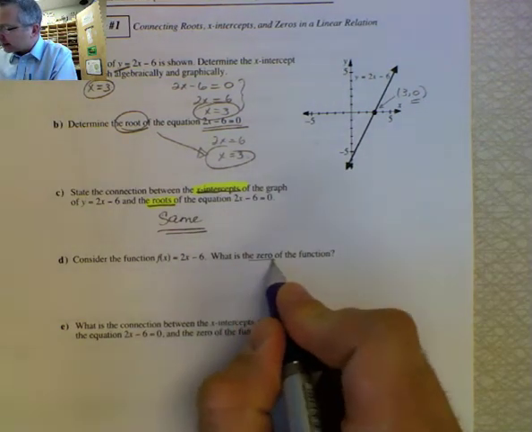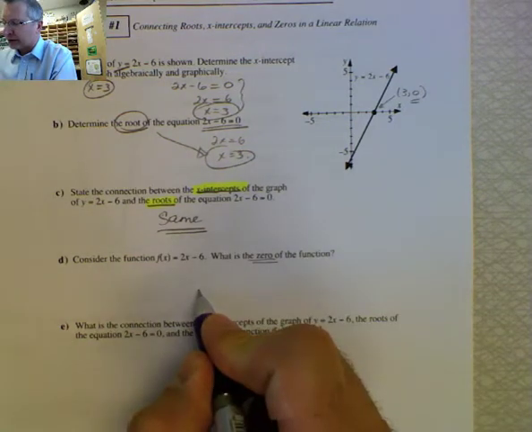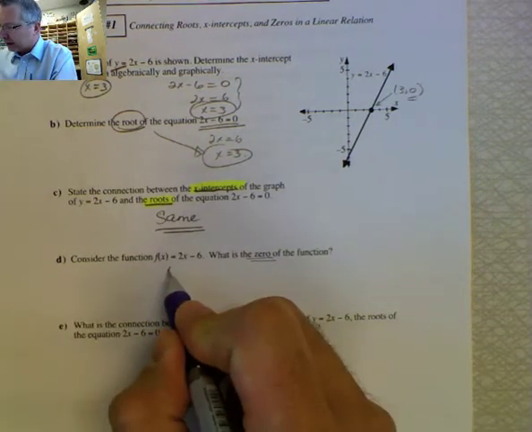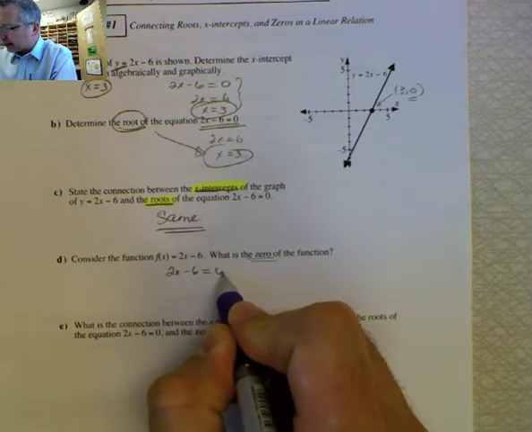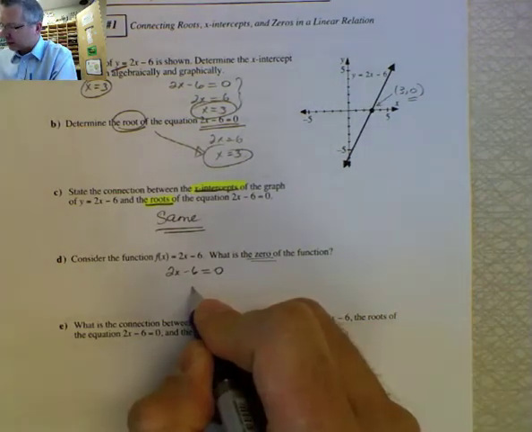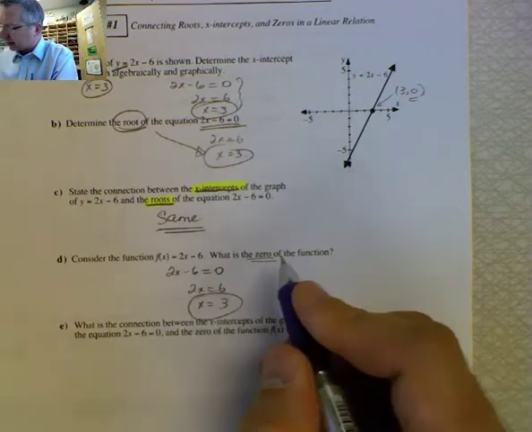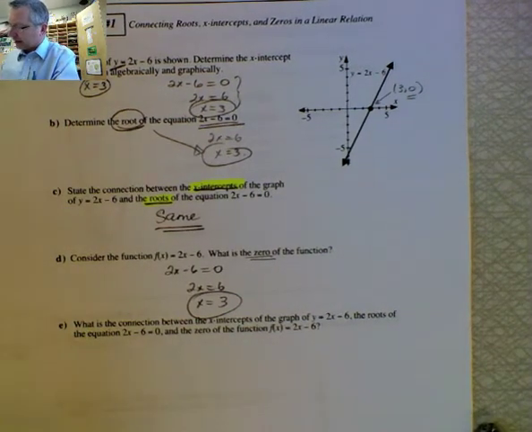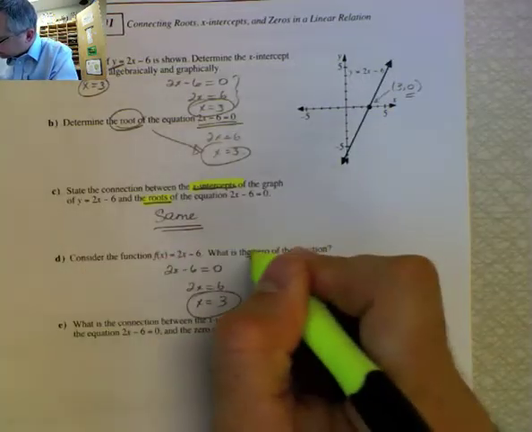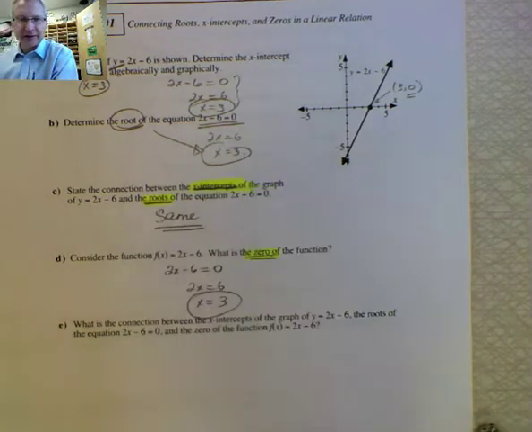It says, what's the 0 of the function in part D? Well, remember, 0 is what's the value of x that makes this function 0? Well, 0 is the same thing also as roots and x-intercepts.